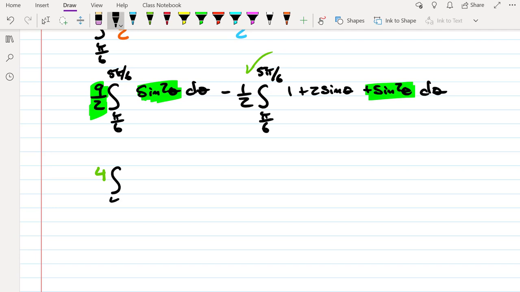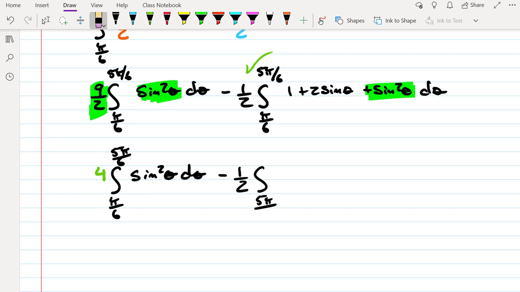The integral from pi over 6 to 5 pi over 6 of sine squared theta d theta minus 1/2 times the integral from pi over 6 to 5 pi over 6 of 1 plus 2 sine theta.